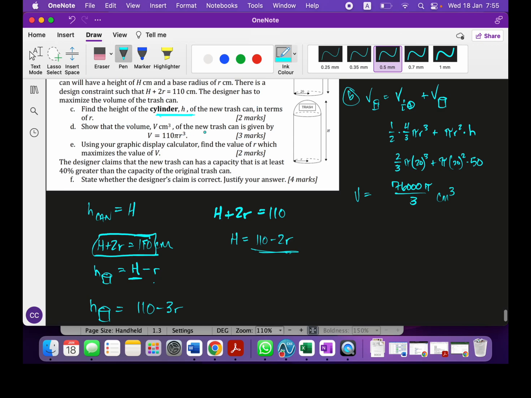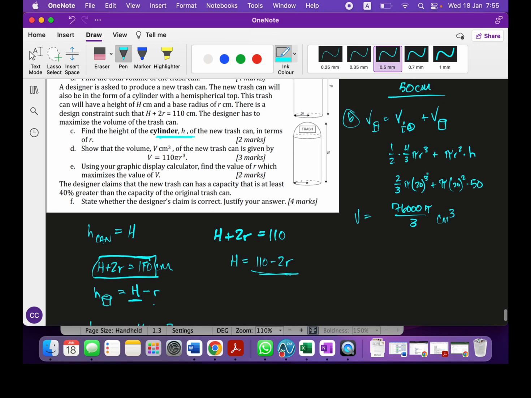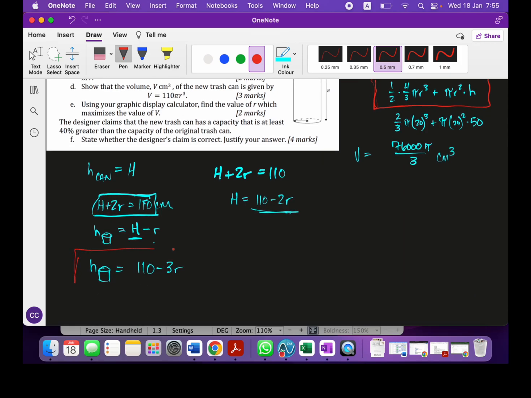Next: show that the volume of the new trash can is given by that. Well, that is just going to be taking this thing that we derived before and now substituting in my new value for that and simplifying.